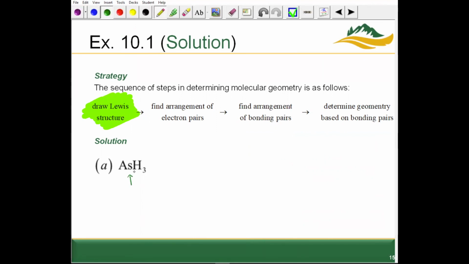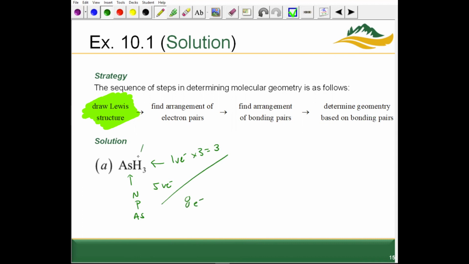So arsenic here is in the same group as nitrogen and phosphorus. That means that arsenic has 5 valence electrons, then hydrogen has 1 valence electron times 3. That means we have 8 electrons to work with.